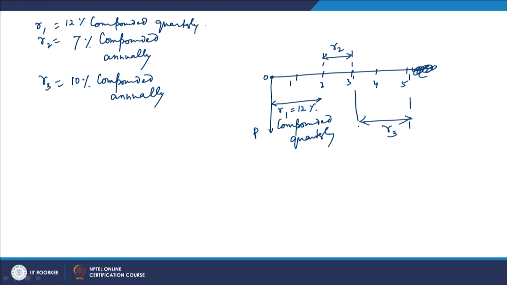The transactions taking place are: at 1 you have a receipt of 200, then at 3 you have a receipt of 100, and at 3, 4 and 5 you have a receipt of 100. So, what will be the value of P in such cases?